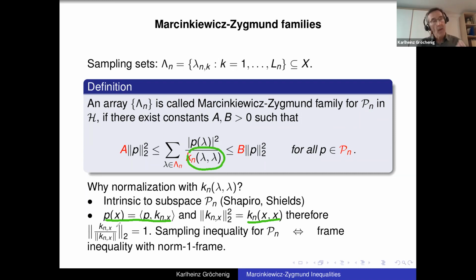So in a sense, equivalently, you take the inner product of P with the normalized intrinsic reproducing kernel at the point X. And so we could say this is a weighted sampling inequality for the nth subspace. In the language, say, of next week's workshop, this is just a frame inequality with frame elements that all have norm 1. So these are two different languages for the same thing. And that's one of the explanations for this particular use of weights. That's suggested already by Shapiro and Shields, I think, in a paper of the 1960s or 70s.